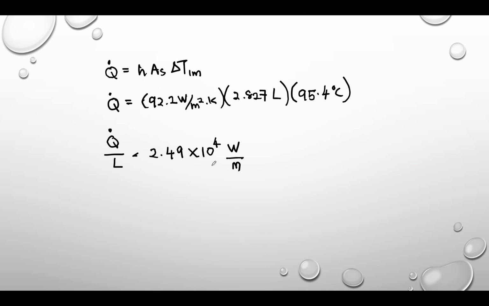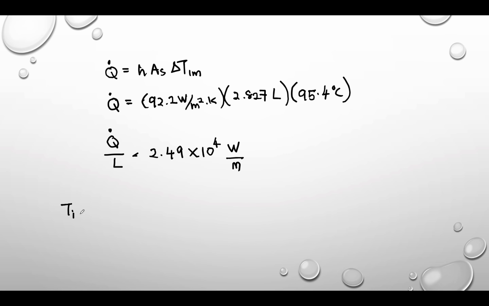Okay, from here we can check whether our assumption is true or not. At the beginning of our solution, we assumed that the arithmetic mean is equivalent to 60 degrees. Therefore, we can check whether our assumption is correct or not.